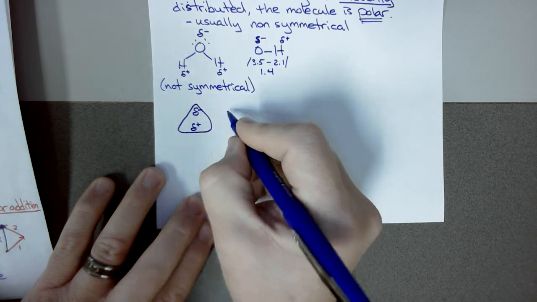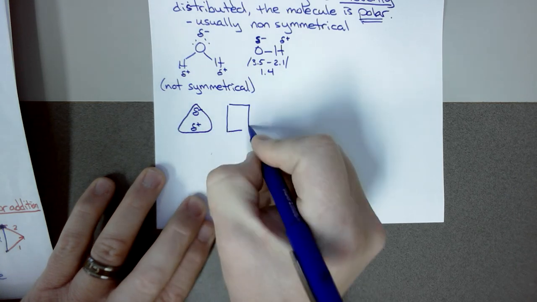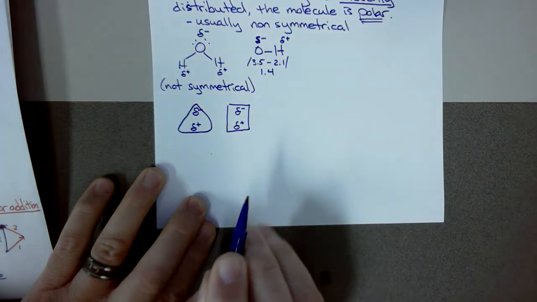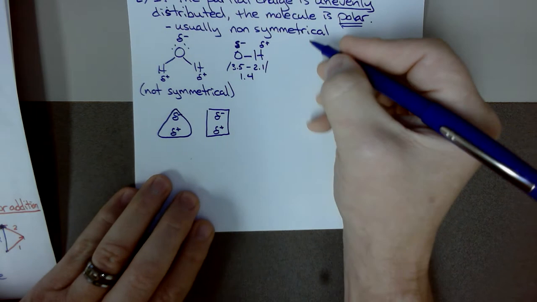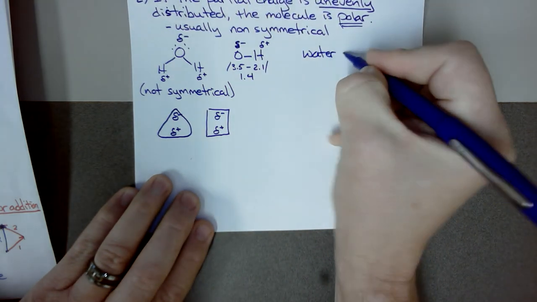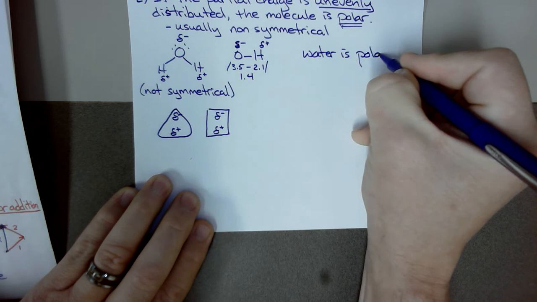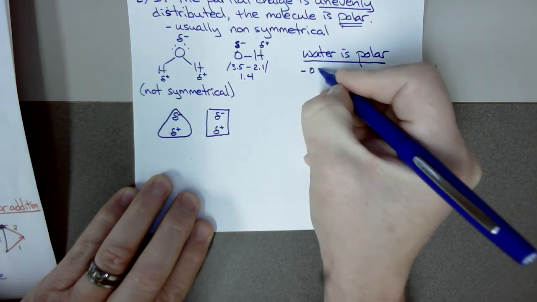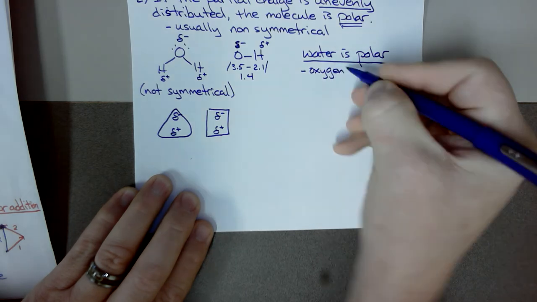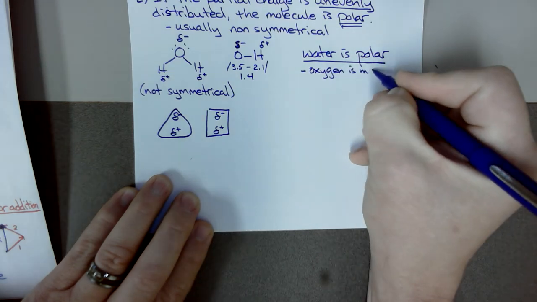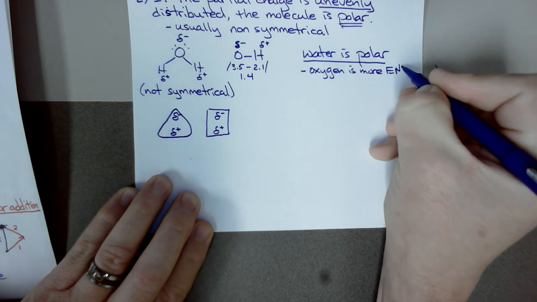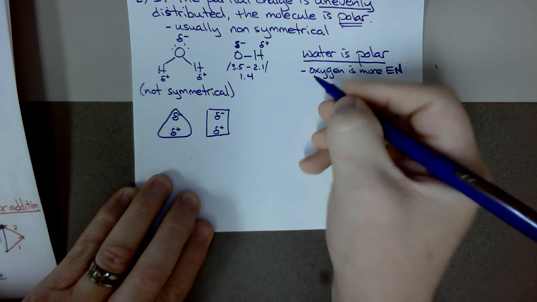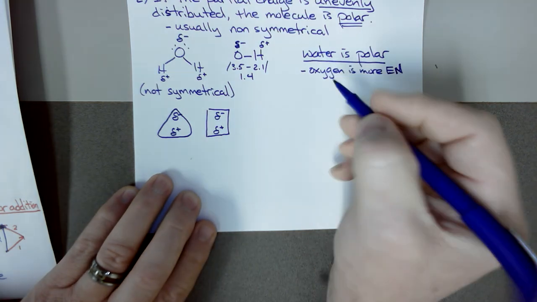If you want to make it even simpler than that, you can think of it as this would be the partial negative and this would be the partial positive end. So water is polar, and oxygen is more electronegative, therefore has a higher distribution of electrons.